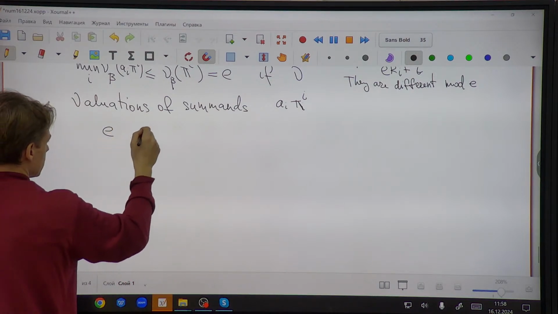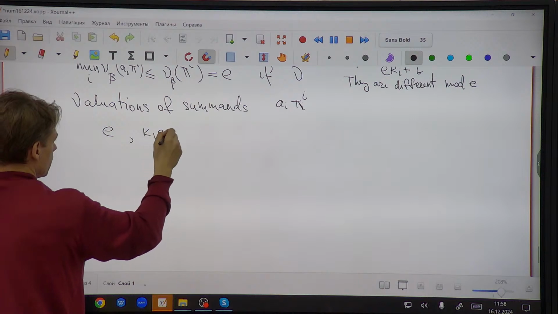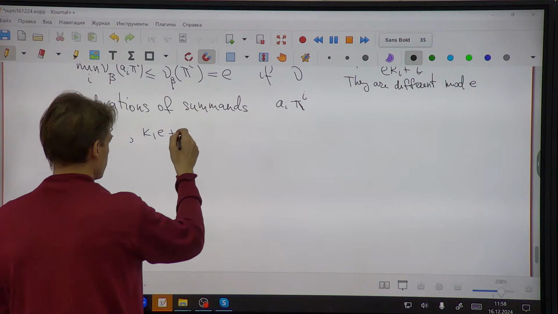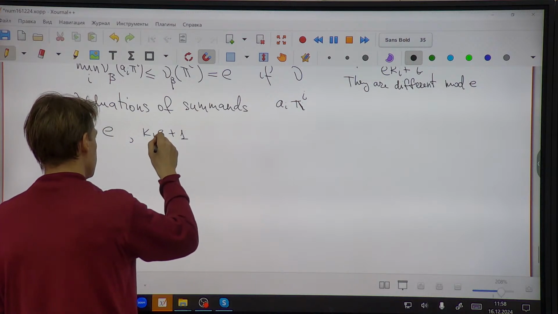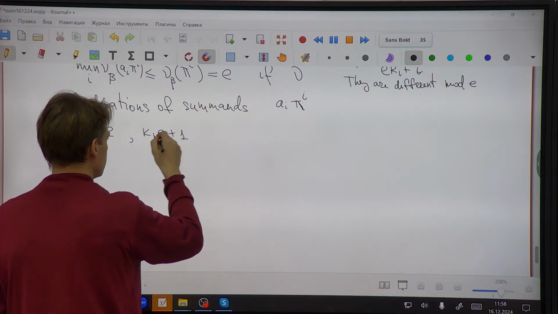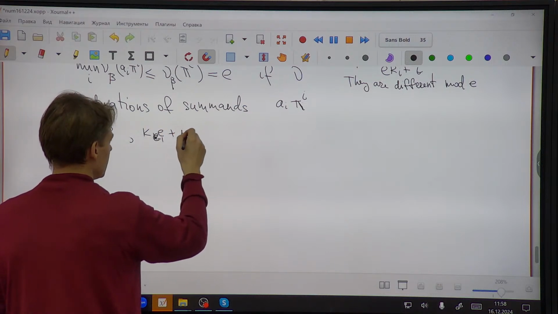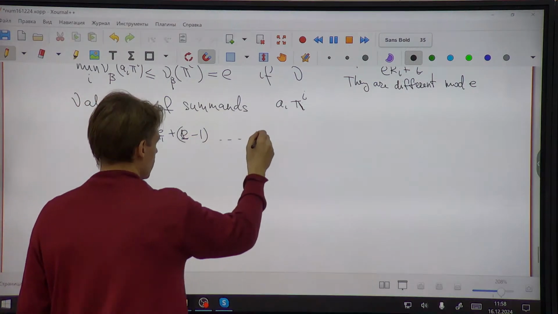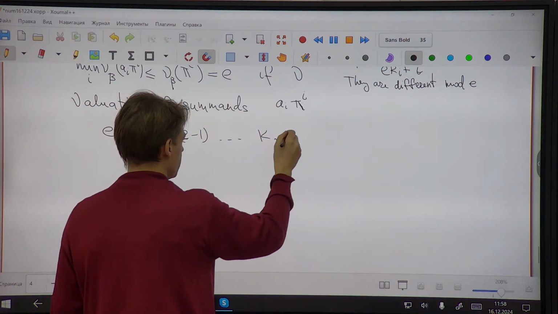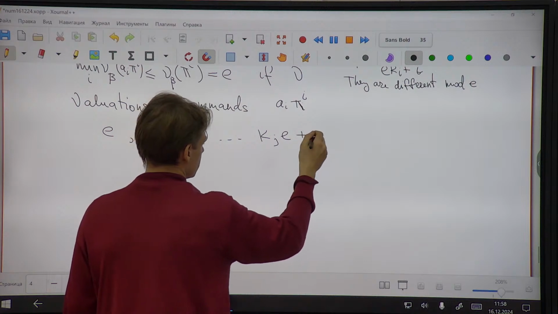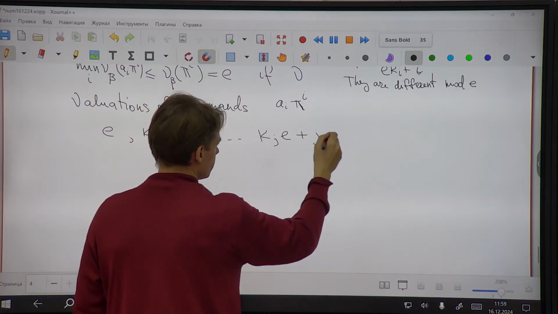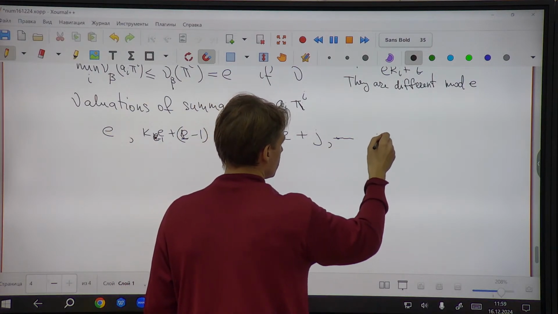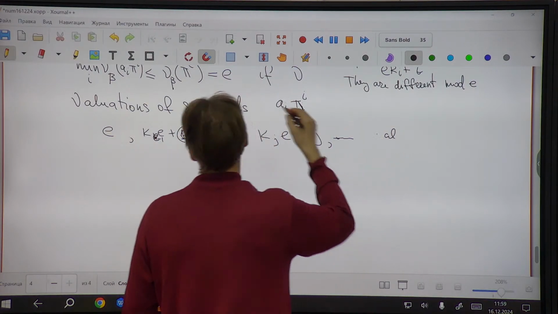The second summand will have valuation k_1 e plus 1, and so on, k_j e plus j, up to the last one, plus e minus 1.